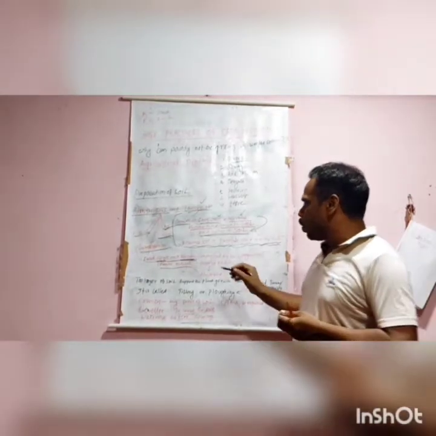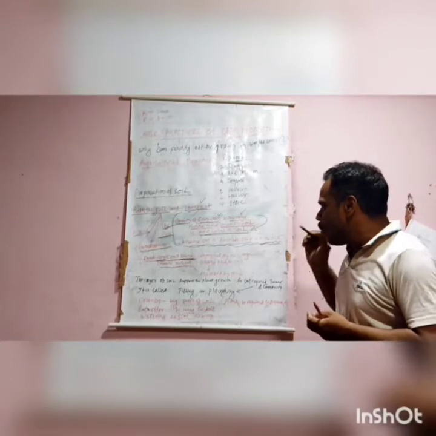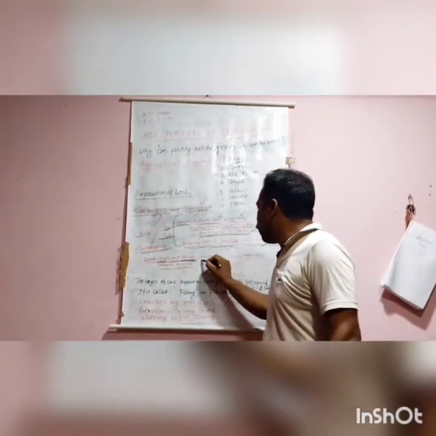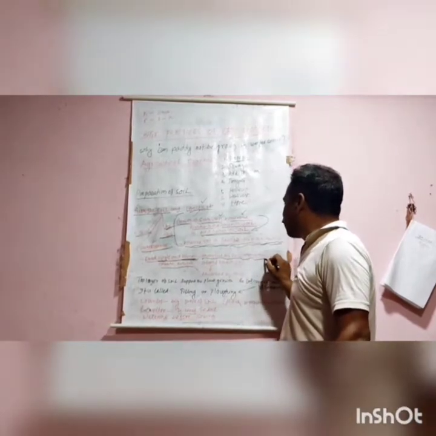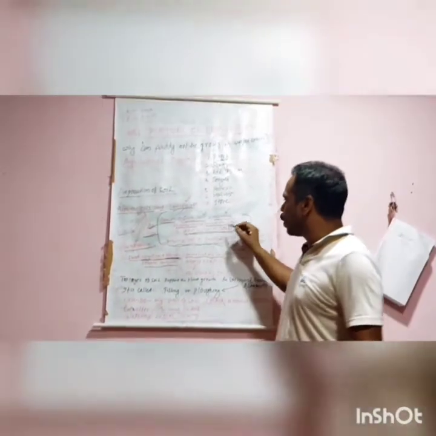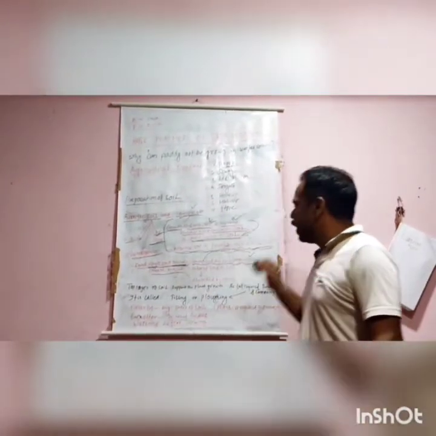Okay, so when you loosen this soil, what happens? Dead plants and animals are decomposed by these soil organisms. Living soil organisms are there, like earthworms and microbes.